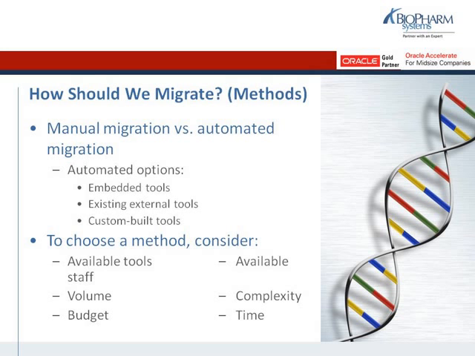Your organization might already be using those, so you might utilize those for data migration. Or you may need to build out custom migration routines to transform the data appropriately. Of course, when selecting a tool, you'll need to consider various constraints such as budget, time, complexity, and available resources.